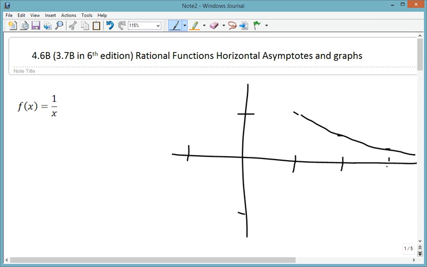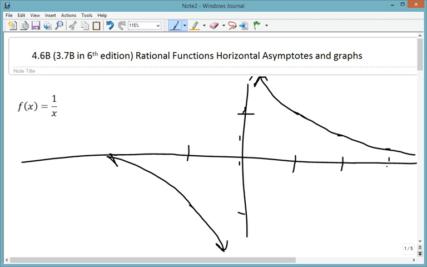In this case, it doesn't ever cross 0 because it cannot equal 0, and we had the vertical asymptote at 0. It looks like the same idea down here, where as it goes to the left, it approaches that horizontal line as x gets more and more negative as well.